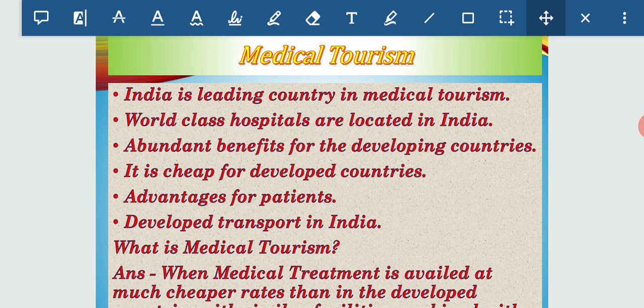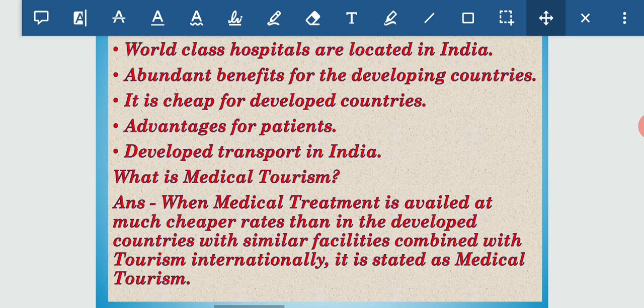So what exactly is medical tourism? Medical tourism means treatment availed at much cheaper rates than in the developed nations. Whether a nation is developed or developing, they have similar facilities, but here it is comparatively cheaper, and side by side it is combined with tourism, that is international tourism.